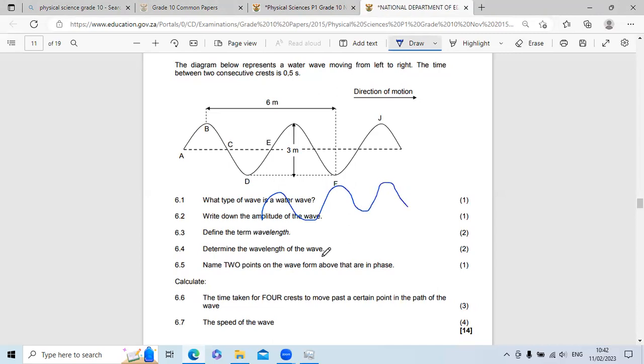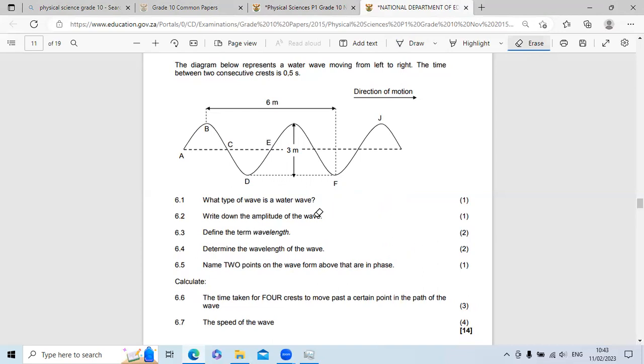And a longitudinal wave, most of the time, it's gonna be... so you see. So these are transverse waves and pulses. These are not gonna be your longitudinal waves. Do you understand that? Okay, so now we know what type of wave this is.